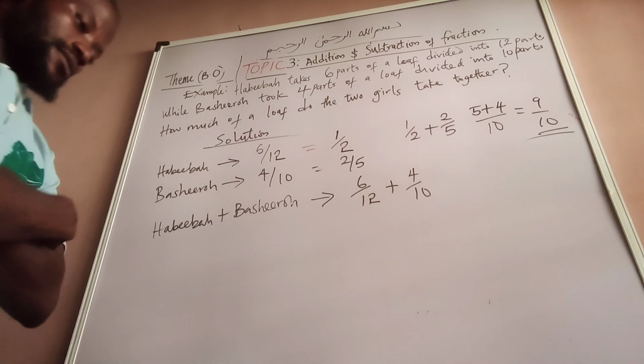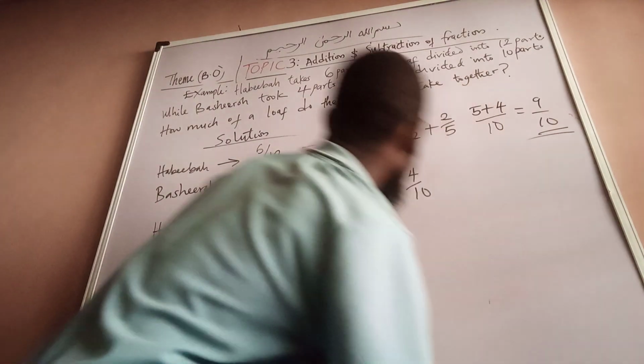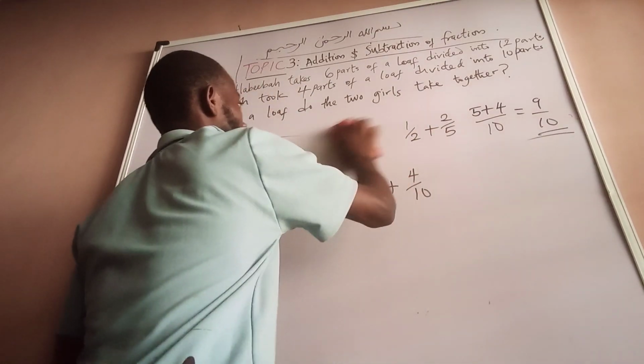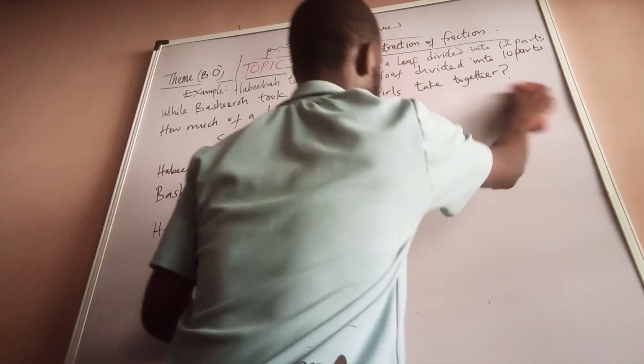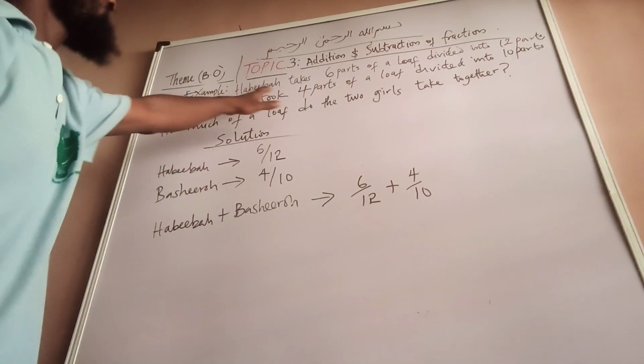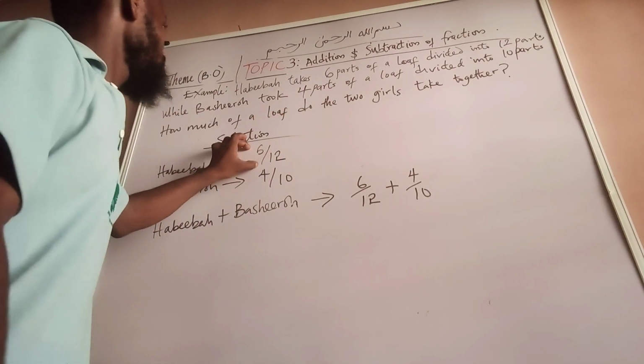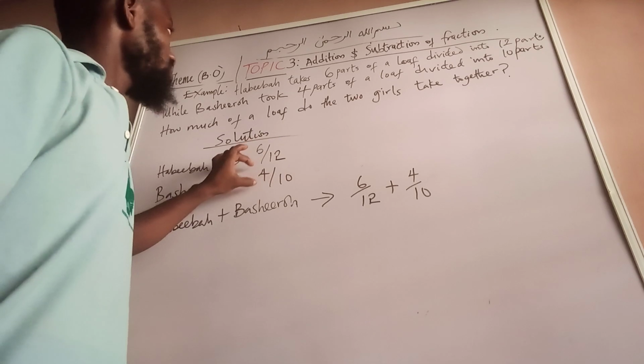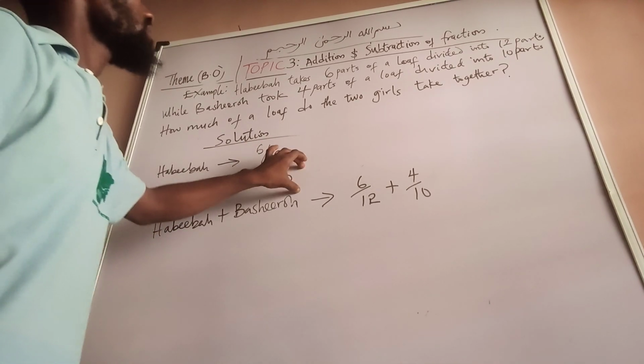So this is how it goes. Now say Habiba took 6 out of 12 slices and Bashiro took 4 out of 10 slices.